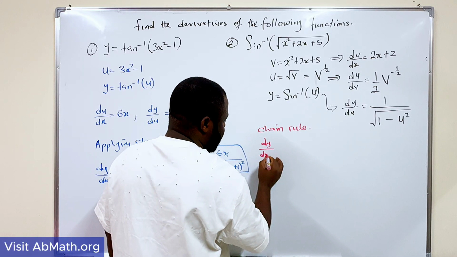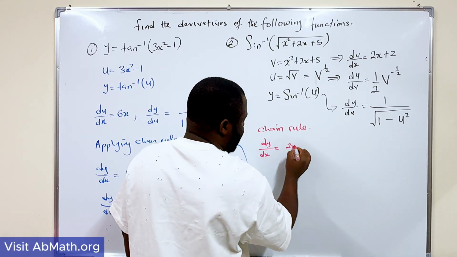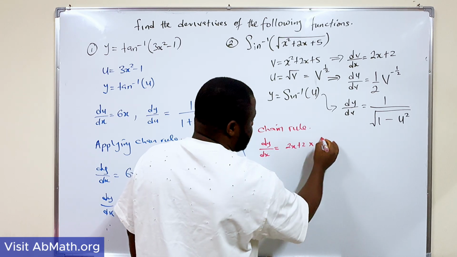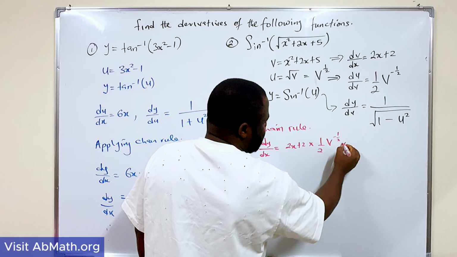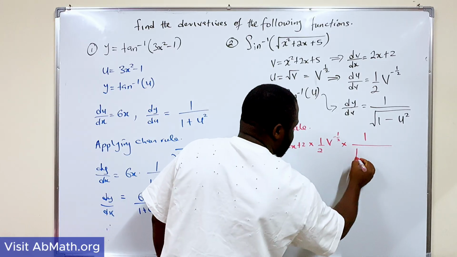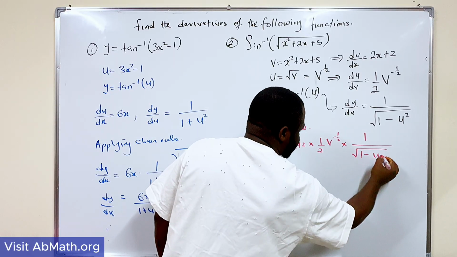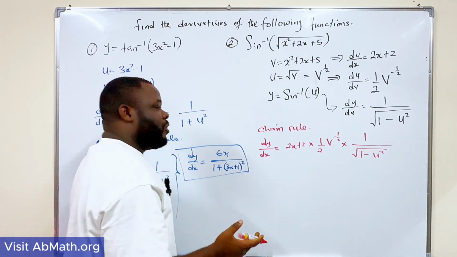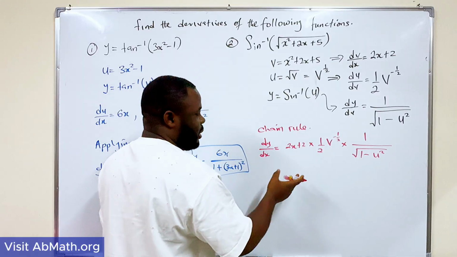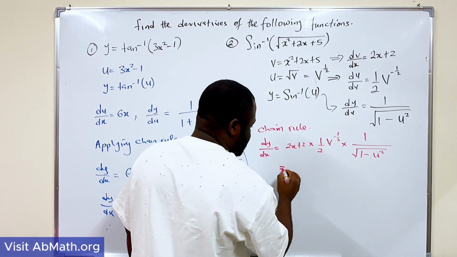So dy/dx will now be equal to 2x plus 2 multiplied by half v to the negative 1 over 2, then multiplied by 1 over square root of 1 minus u squared. Okay? So let's multiply this through.